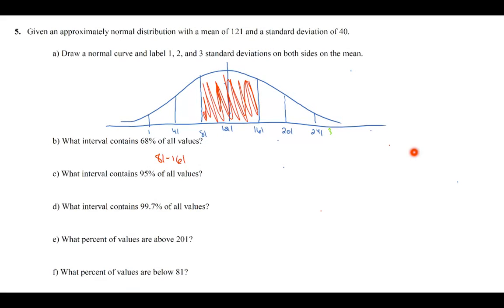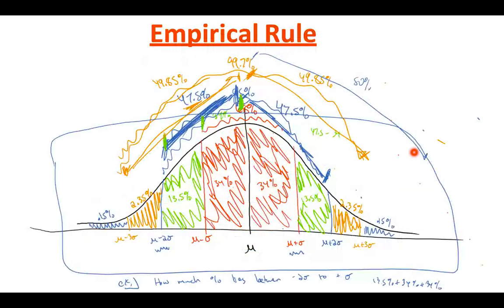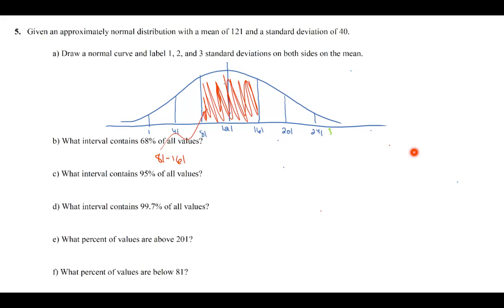Basically, we want to exclude 5%, right? So how could we exclude 5%? Well, we can just use the rule that I gave you earlier, which is 95% is within 2 standard deviations. But the other way, how I was going to explain it, is if you want 95%, you need to subtract out 5%, right? So this one has 0.15, and this one has 0.15, and this one has 2.35, and this one has 2.35.